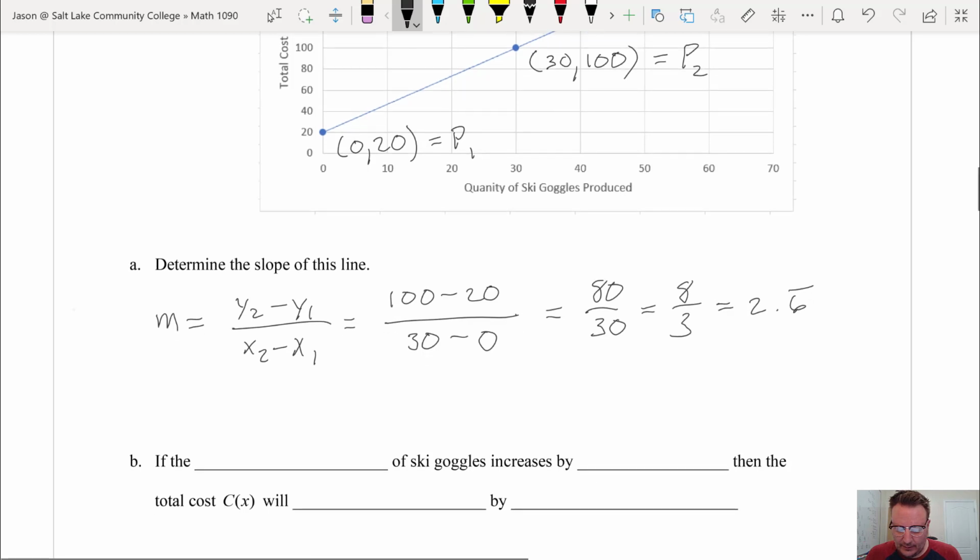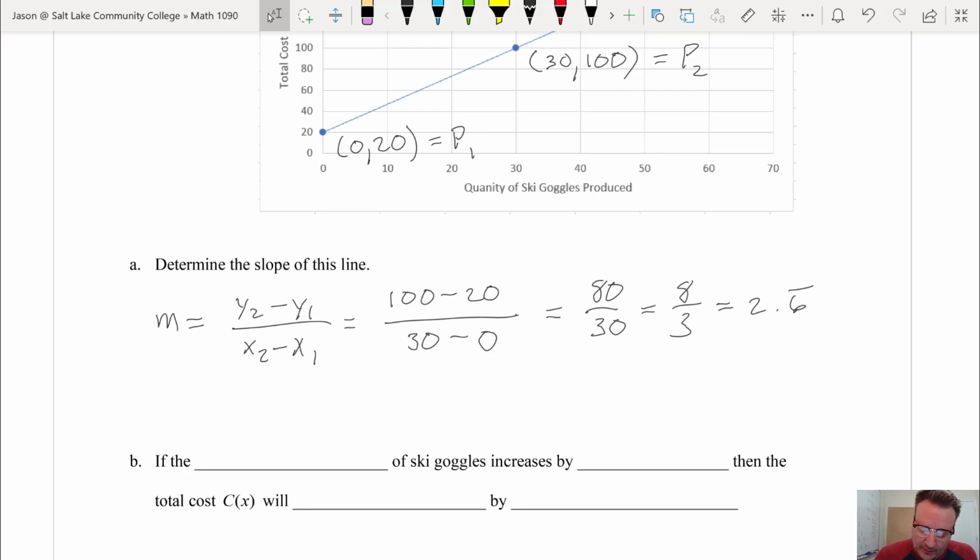Here's a little fill in the blank problem. If the blank of ski goggles increases by blank, then the total cost will blank by blank. I think what they're getting at here is, if we increase the ski goggle count by 1, what happens to the total cost?